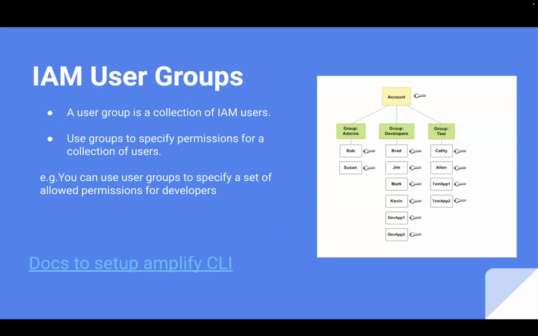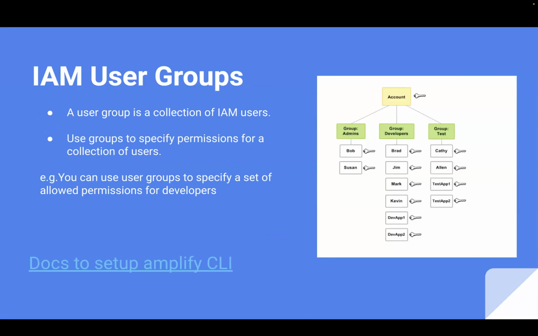IAM user groups. So inside the IAM console, or inside the AWS Management Console, we have something that we call user groups. A user group is a collection of IAM users. For example, let's say in Nalu, we have different employees who try to access the same AWS account.